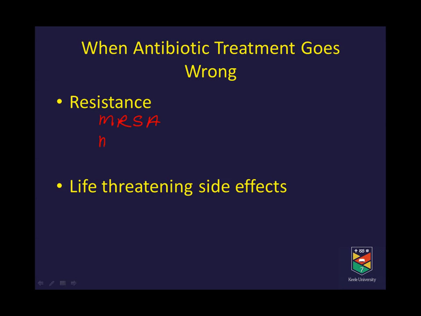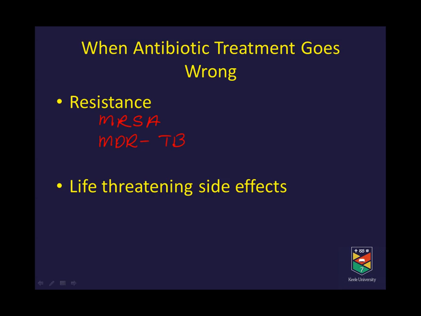You can also get things like multi-drug resistant TB. So for instance, one hospital I worked in used a great deal of ciprofloxacin amongst its elderly patients, and they managed to infect all their patients with a ciprofloxacin resistant form of Clostridium difficile.